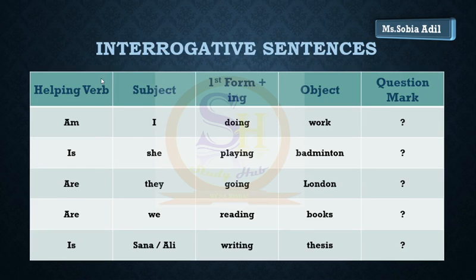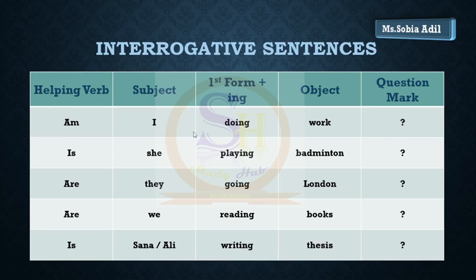If we talk about the structure of interrogative sentences, students, this is the structure that we follow in interrogative sentences of present continuous tense. We write first helping verb, then comes subject, then we write first form of verb plus ing, then comes object. At the end we put a question mark because it's an interrogative sentence.